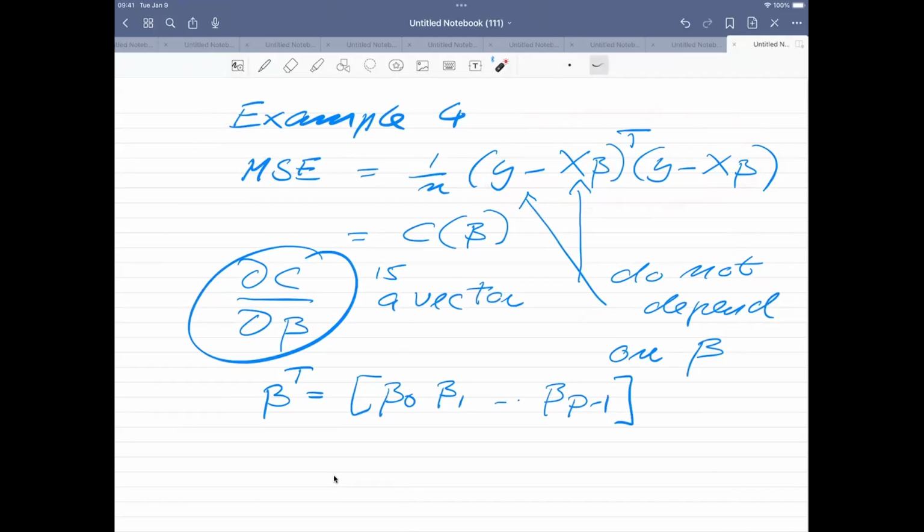And also keep in mind that beta transpose has the same elements as beta. So you can always choose to represent it as the transpose or as a column vector. That's up to you, how you want to present it.